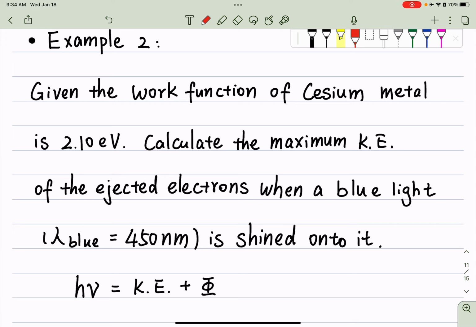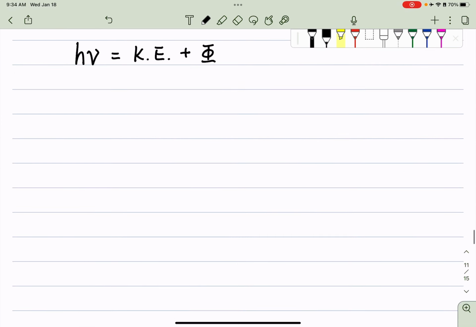All right. So in this example, if you're not so familiar with the setup or where this equation is coming from, I recommend you just draw the energy diagram again. E photon gives all its energy to a photoelectron.